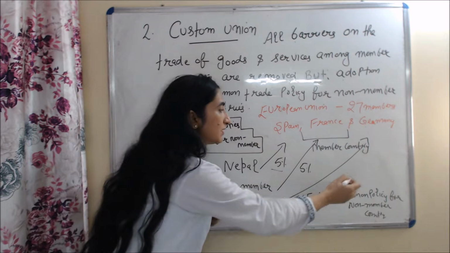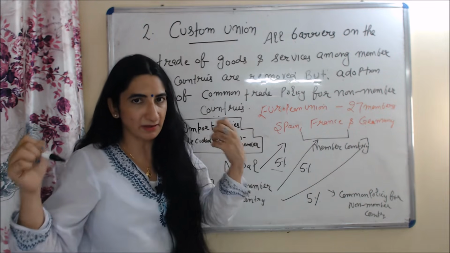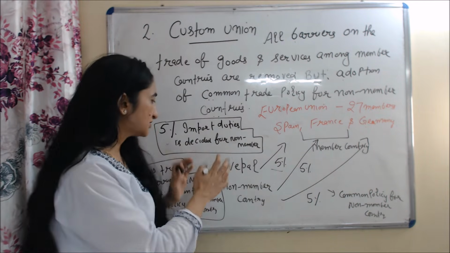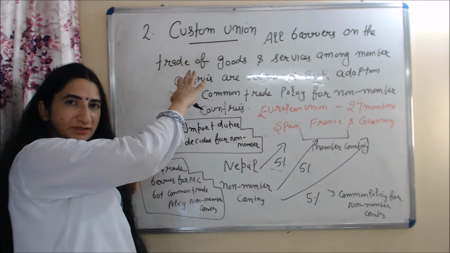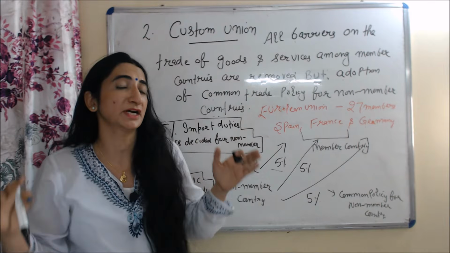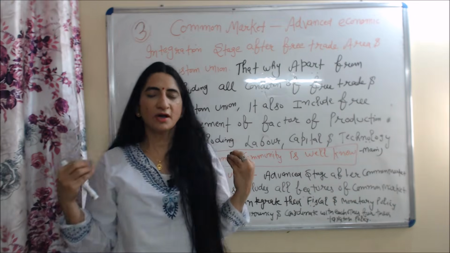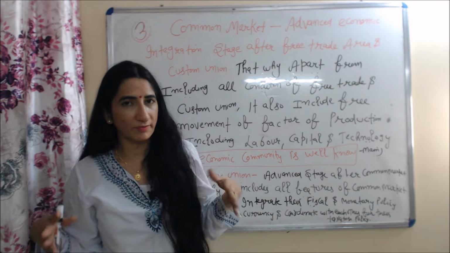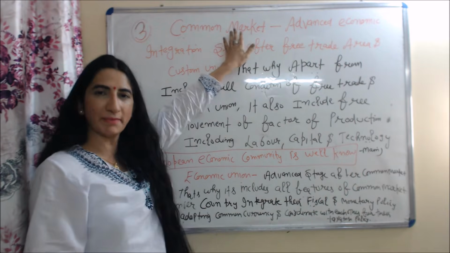It's called common policy for a non-member country. In short, customs union means no trade barriers for member countries, but a common trade policy for non-member countries.